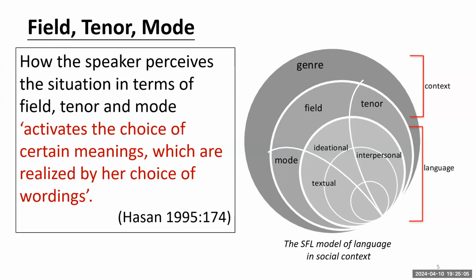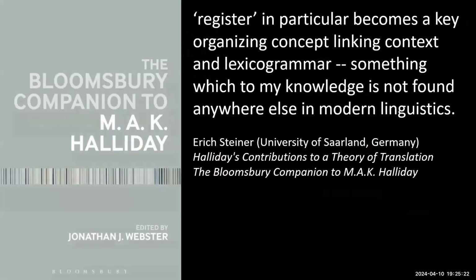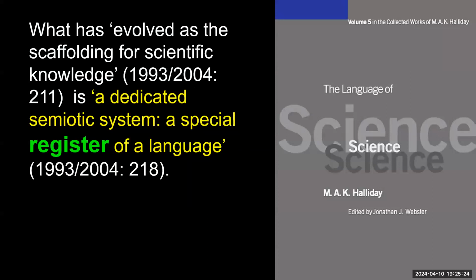Field, what is it about? Tenor, who is engaging with who? What is the function? Who is the target audience? What's the mode? It is a register that you will be describing. Scientific writing, what we've been talking about in terms of the language of science, that is the language of academic writing, okay?